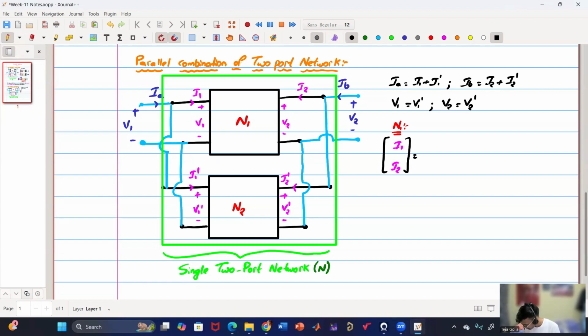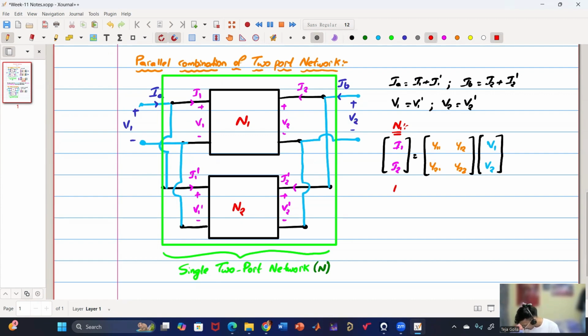the Y parameters Y11, Y12, Y21 and Y22 into voltages, which are V1 and V2.